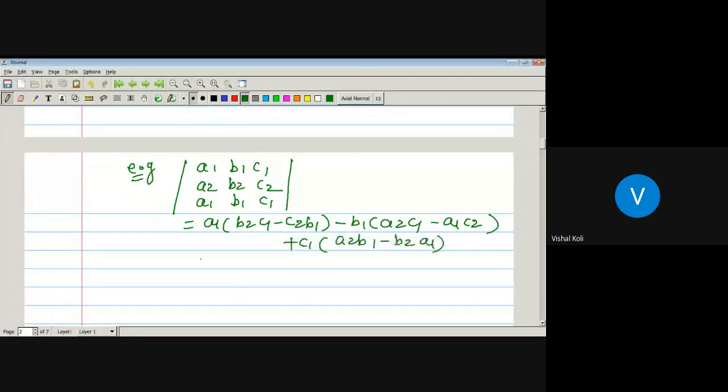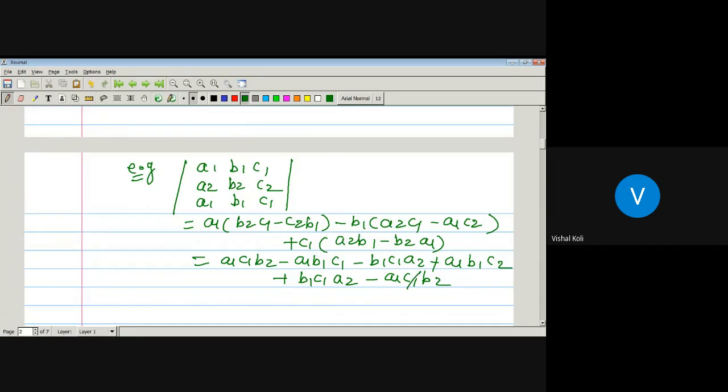Let us solve this one. a1 c1 b2 minus of a1 b1 c2 minus of b1 c1 a2 plus a1 b1 c2 plus b1 c1 a2 minus of a1 c1 b2.